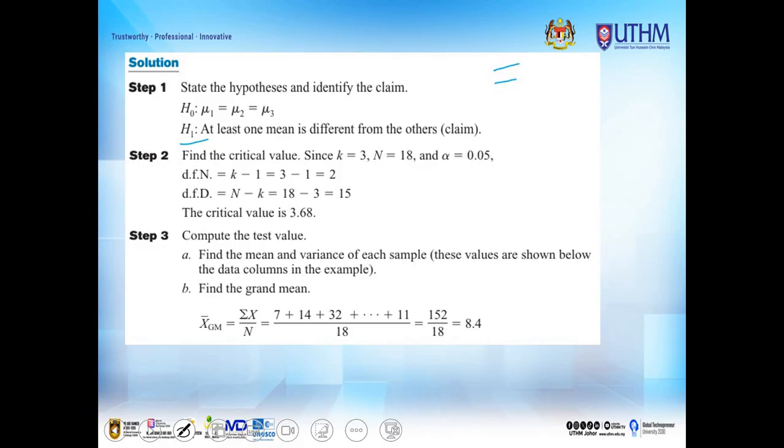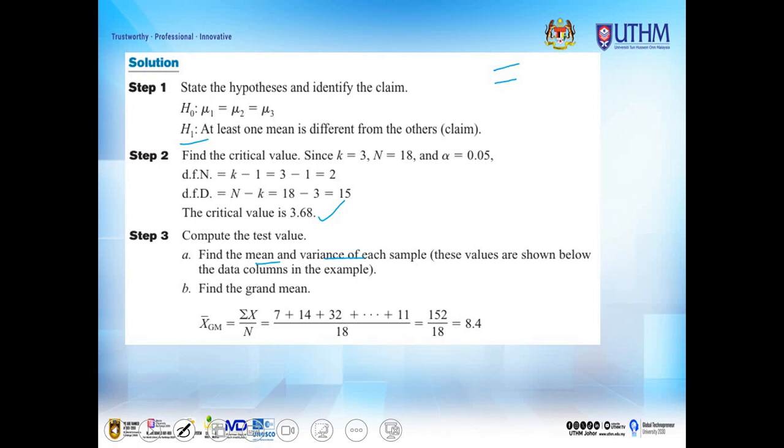So we already got the critical value 3.68. Now step number 3, calculate the mean and variance. It's already done in the question, I mean the description of the issue.